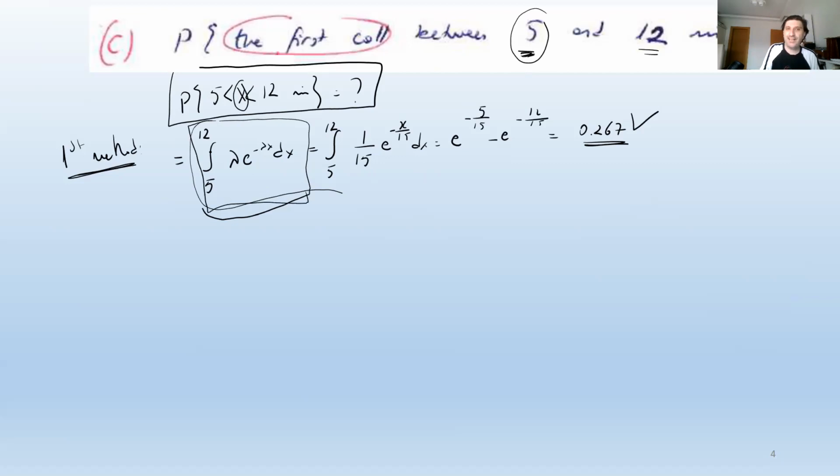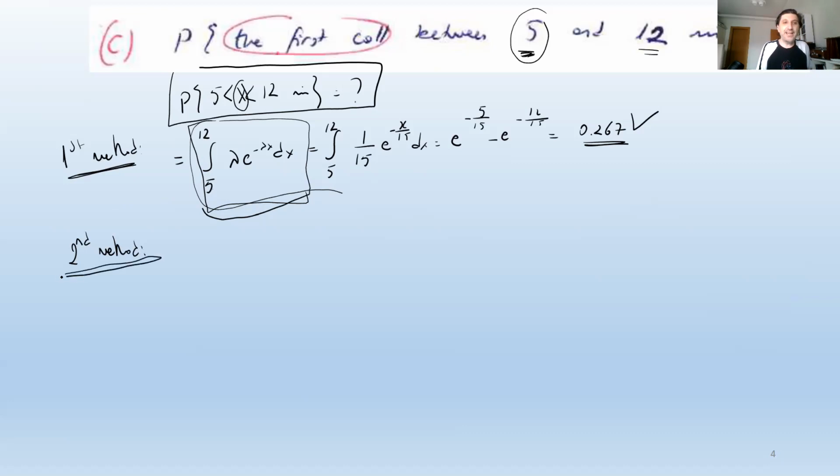This integral suggests that there is no event in the first 5 minutes, and there is going to be at least one event during 5 to 12 minutes. So it means the first call. And please note that this condition also says that there may be more than one call between 5 and 12. So all of these conditions are buried inside this integral.